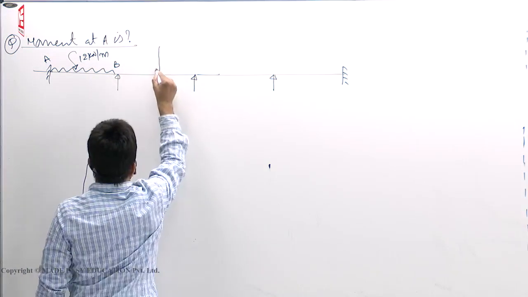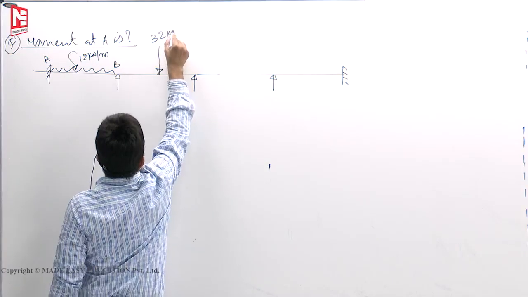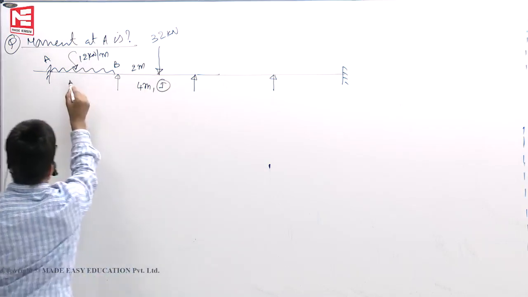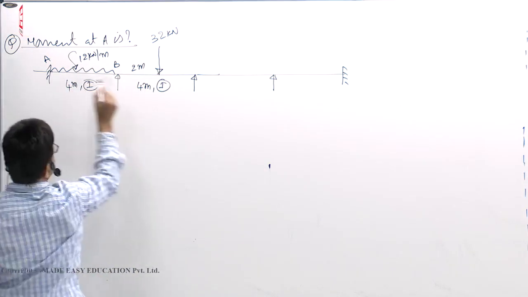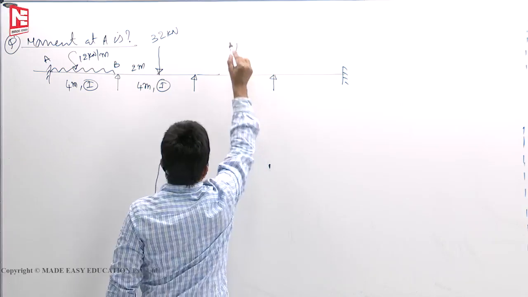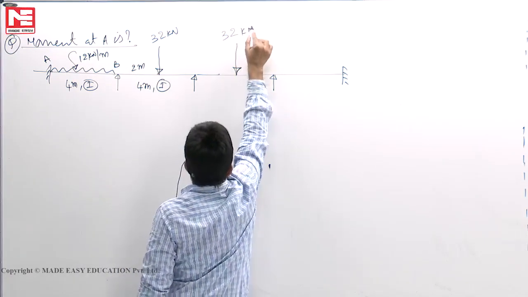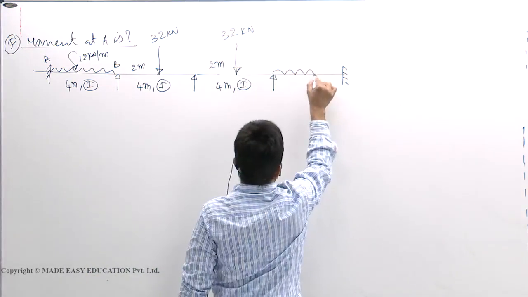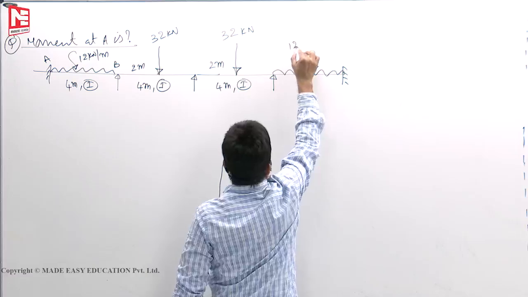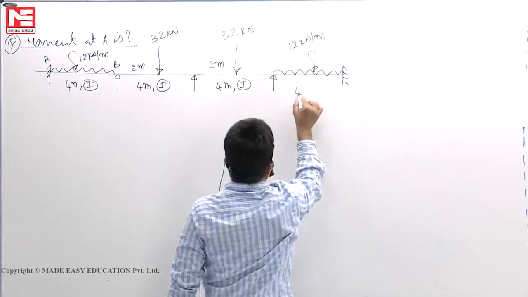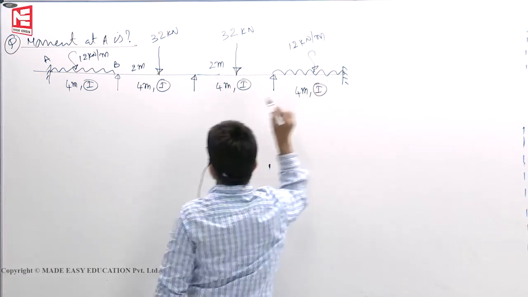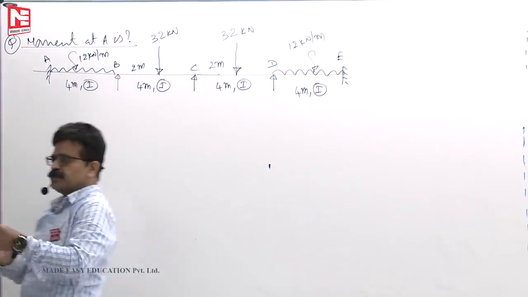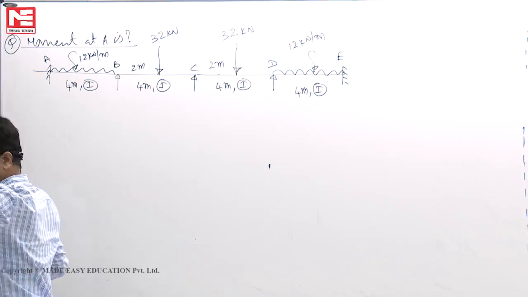This central point load, let us say 32 kilonewton, 2 meters, 4 meters I. This is 4 meters I. There is again a point load here, 32 kilonewton. And a UDL is there, say 12 kilonewtons per meter. This is also 4 meters I. A, B, C, D, E. So, we want to find what is the moment at A.